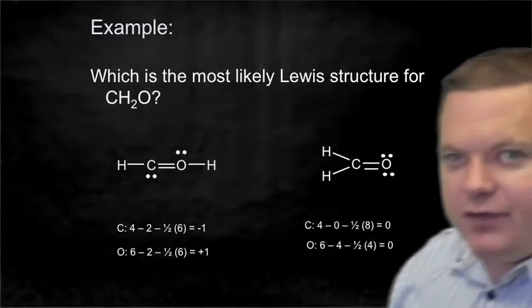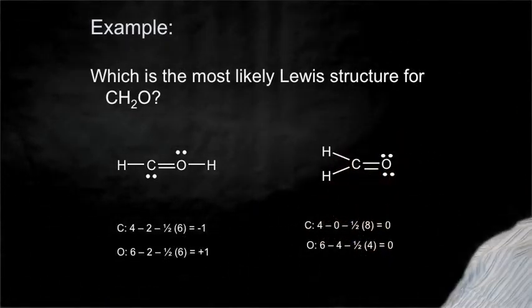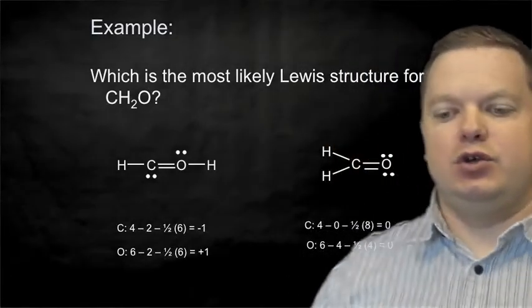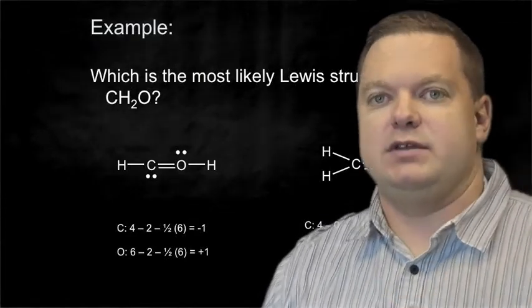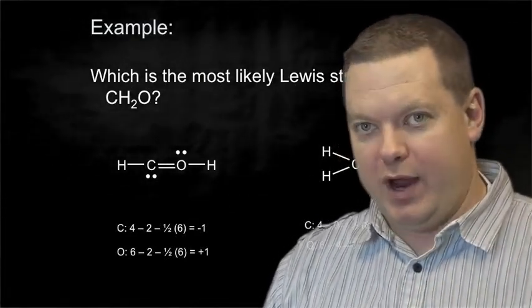So in this case, the favored structure is this one on this side, where the carbon is double bound to the oxygen, and that carbon has 2 hydrogens associated with it. Because it gives us the smallest formal charges, where we have 0.